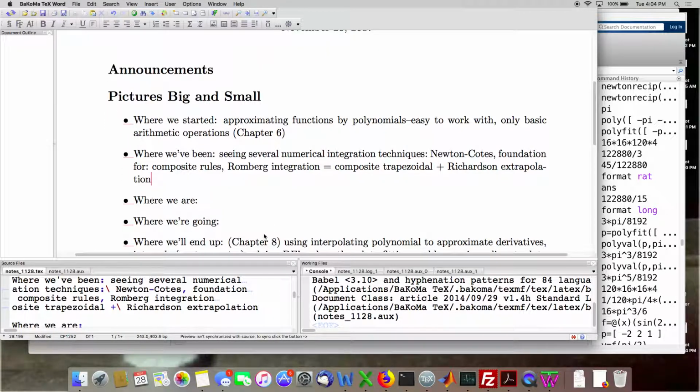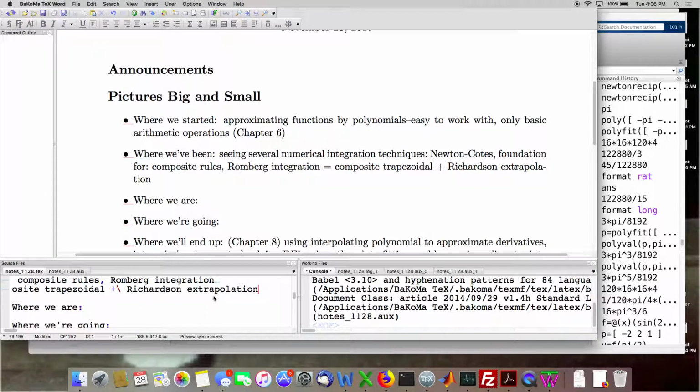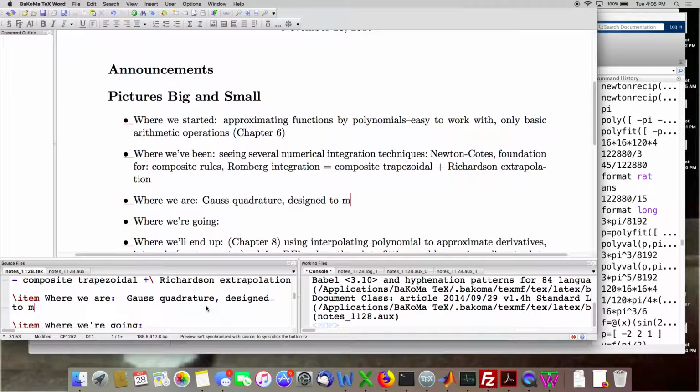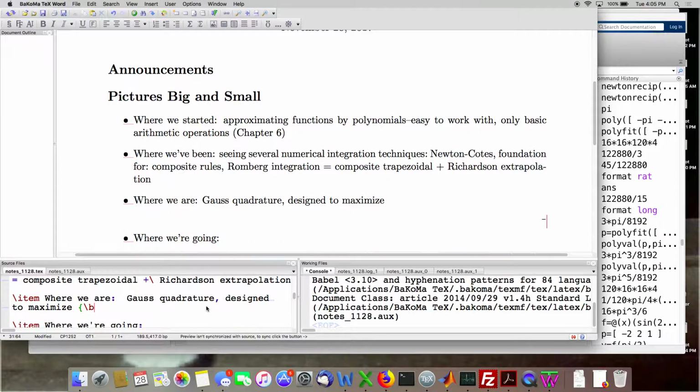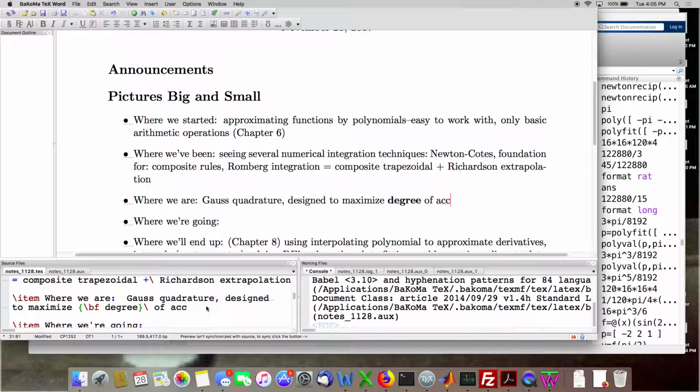But we have one technique left for today, and that is, well, my favorite and many people's favorite who have to deal with these kinds of techniques, Gauss Quadrature, and that's designed to maximize the degree of accuracy.